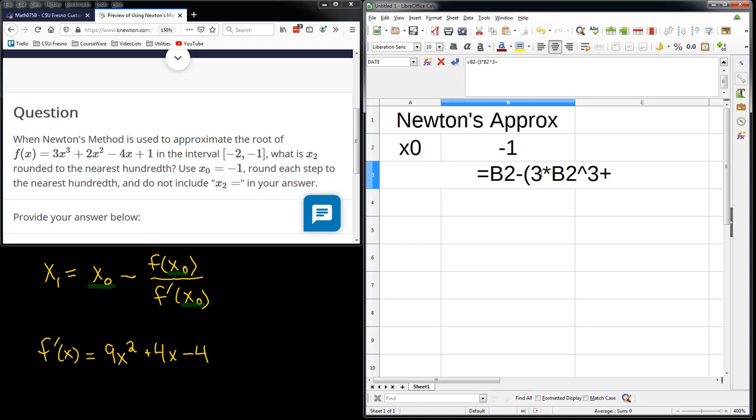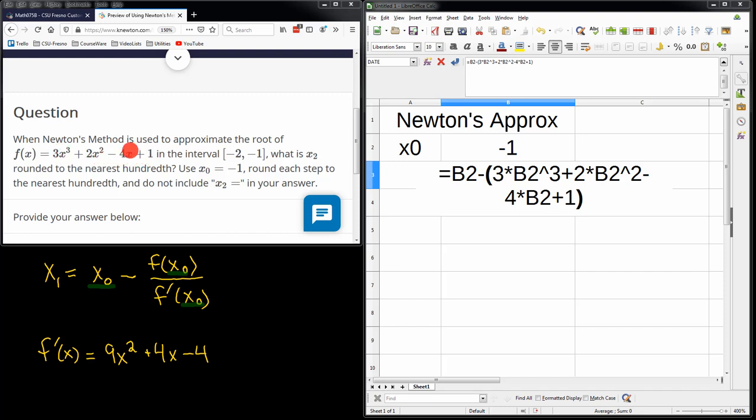Then I add 2 times x0, but remember, whenever we say x0, I'm going to type in B2. And then we subtract 4 times B2, and then plus 1. What I got right there is this function, only instead of x in the formula, I have the cell reference B2.